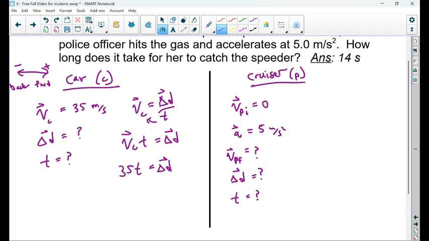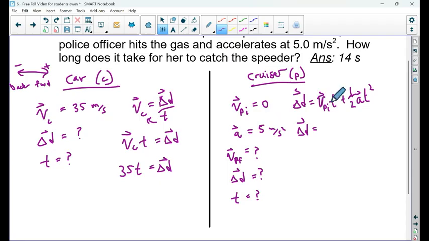But let's set up our equation. I'm going to set up an equation that involves time, displacement, and then the stuff I know, initial velocity and acceleration. So displacement of the cruiser is going to be initial velocity times time plus 1/2 acceleration times time squared. That's equation number 3. Let's sub in some values.